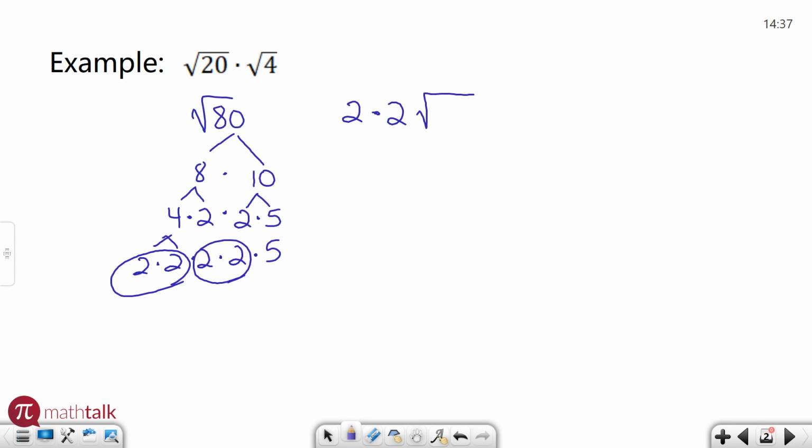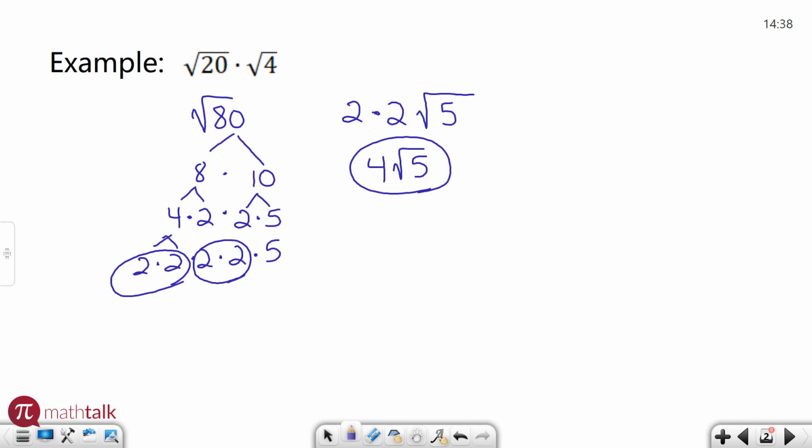And then underneath my square root, I take whatever numbers are left over, in this case 5. Now the one number from each pair, in this case a 2 and a 2, I multiply those together and I get my number on the outside. So the final simplified version of square root 20 times square root 4 is 4 root 5, or 4 times the square root of 5.